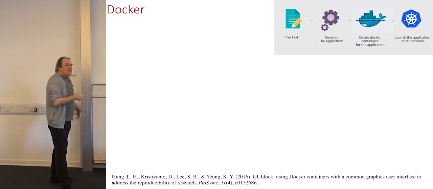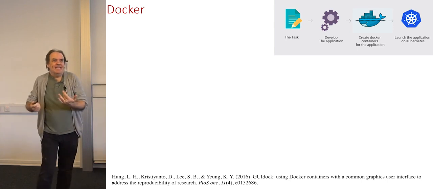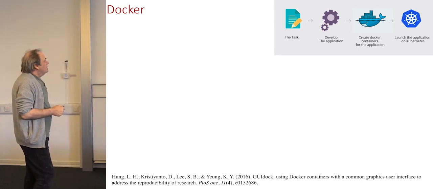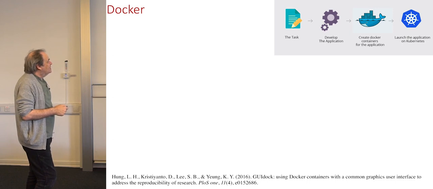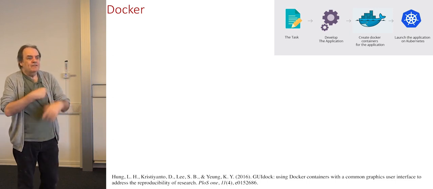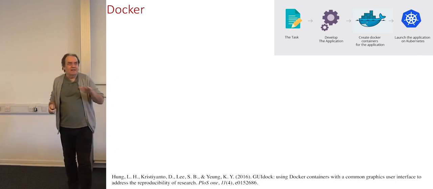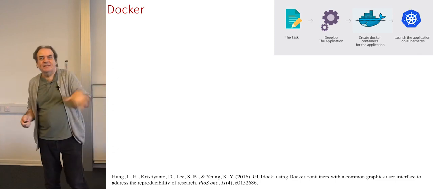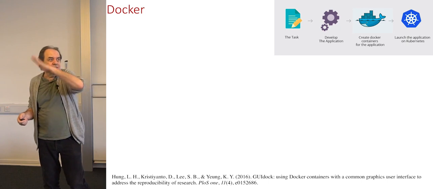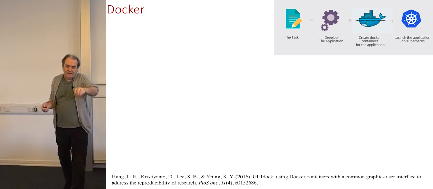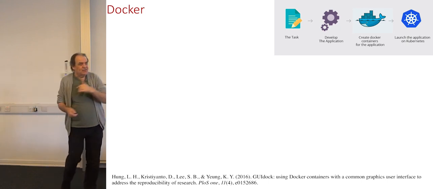The way that's been pushed in many companies now is this. We start off with our task, we develop the application infrastructure, and we then containerize it with Docker to find out what we need to build it, and it's typically done in Amazon or Azure as an infrastructure.